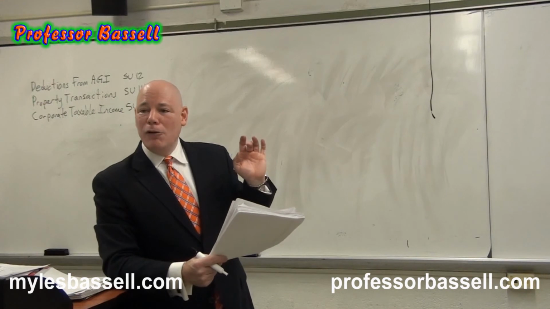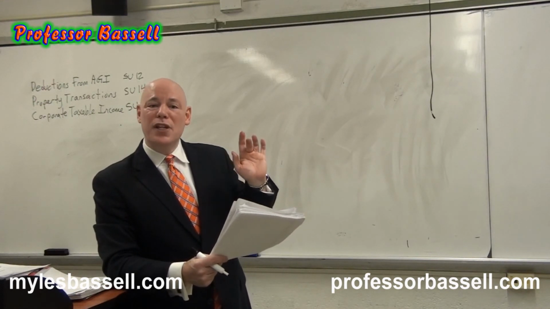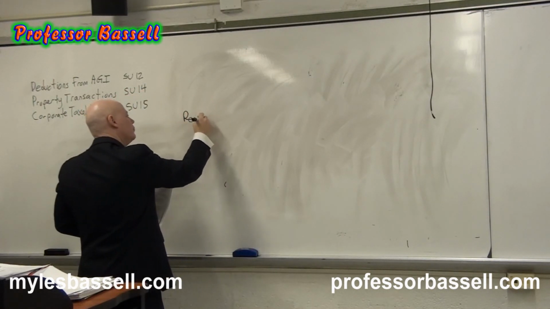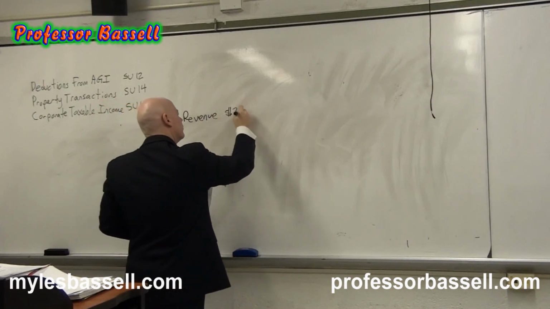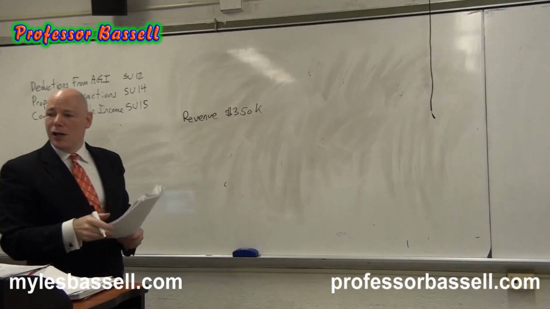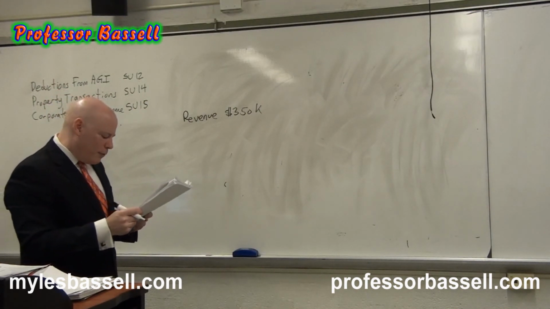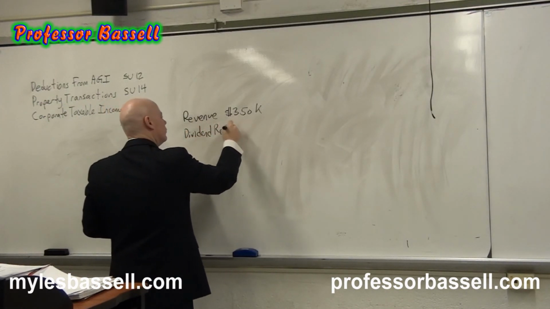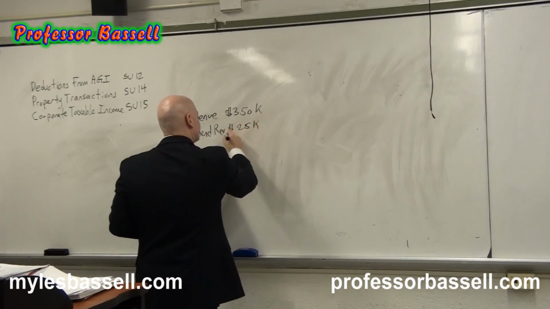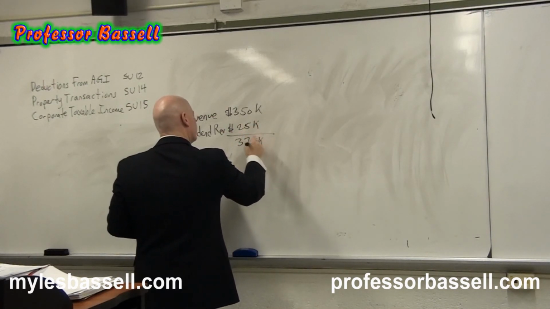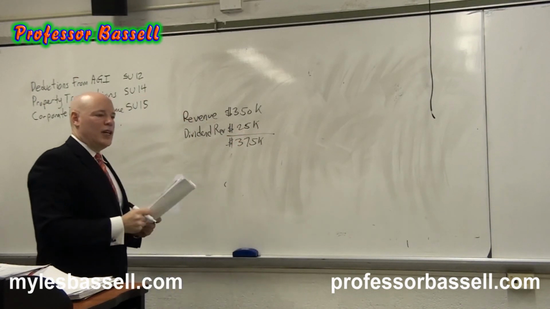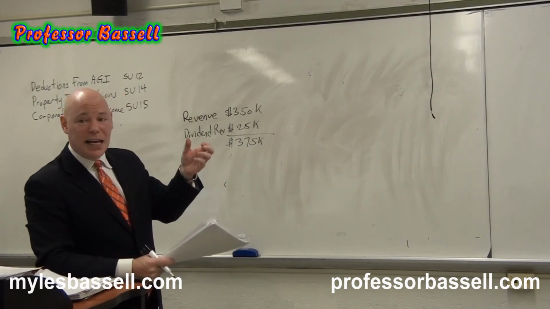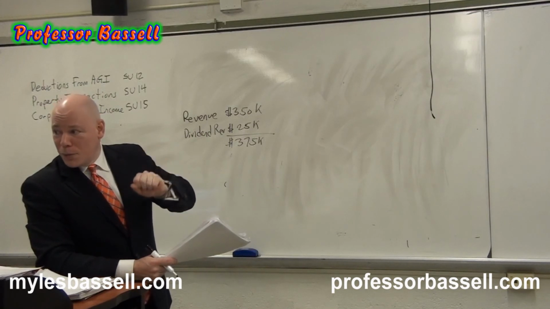So we know that the maximum amount they could deduct is limited to 10%. So let's figure that out. Their revenue is $350,000. They received dividend revenue of $25,000. Yes, we have to add in the dividend that they received, not that they paid, the dividend they received from the company that they hold shares in.